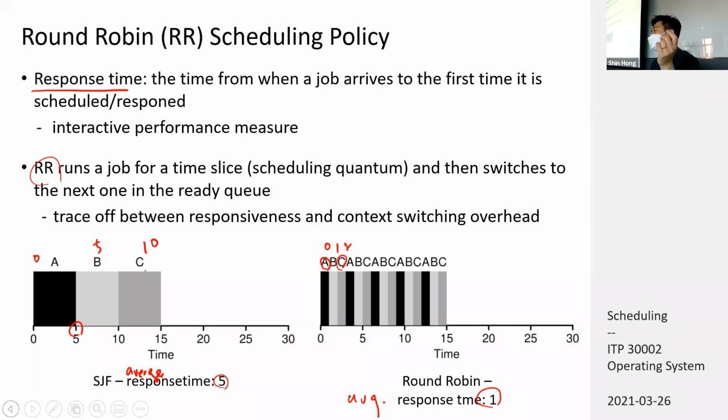But what about the turnaround time for the round robin scheduler? In terms of turnaround time, if there are n processes, then the speed of each process will become n times slower. So in terms of turnaround time, it doesn't utilize anything about the length of the process, so it's not really good.